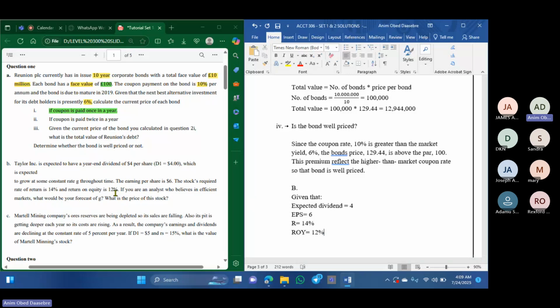And the question is asking us to find, if you are an analyst who believes in efficient markets, what would be your forecast of the growth rate?